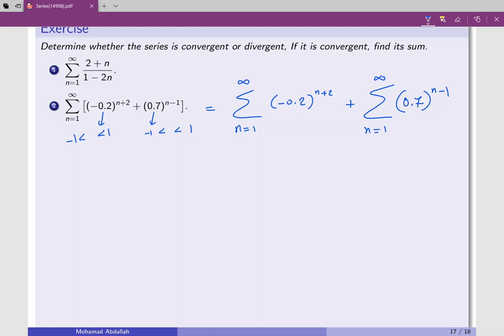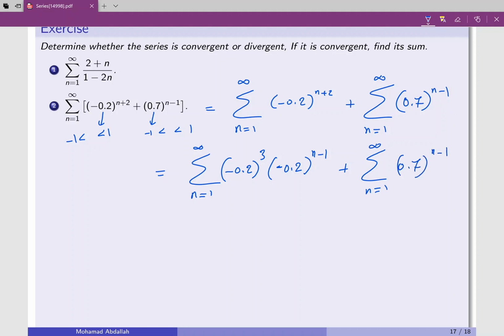That's why I was able to do it. Now I need to find the sum. This can be applied directly, 0.7 to the power n minus 1. Here maybe I need to just write it in a different way. So I can write it like this: negative 0.2 to the power 3 multiplied by negative 0.2 to the power n minus 1, plus the summation from n equals 1 to infinity of 0.7 to the power n minus 1.